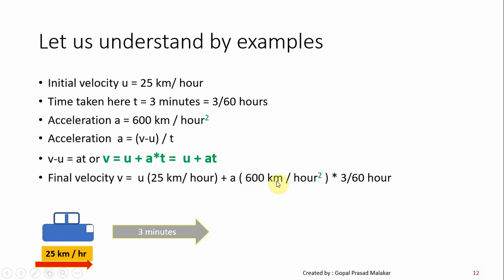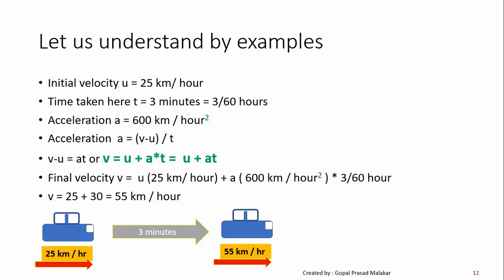For every minute it will change by 10 km per hour. In 3 minutes, which is 3 by 60, it will change by 30. So that's how it is coming, 25 here, and 600 into 3 by 60 will give you 30. So the speed after 3 minutes will become 55 km per hour.